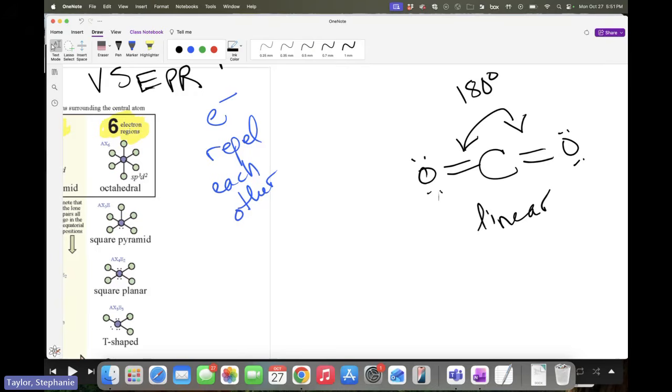But basically what's happening is you've got 4 electrons in each of those double bonds, and they are trying to give themselves as much space as possible, because you've got some negative stuff in one double bond and negative stuff in the other double bond. Electrons are negative, and they are trying to get as far apart as possible. So that's where that comes from. It makes a straight line. That's why we call it linear, 180 degrees to describe it.